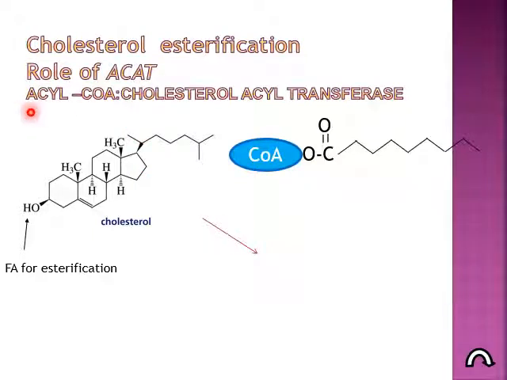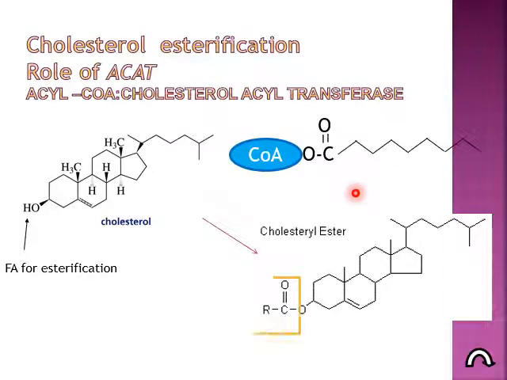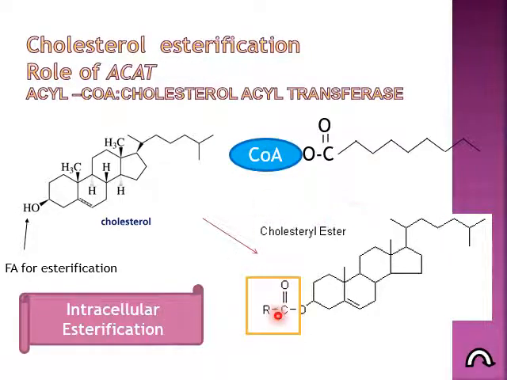That is why the enzyme is called acyl coenzyme A cholesterol acyltransferase, because it takes the acyl, the fatty acid, from acyl coenzyme A. So the acyl coenzyme A loses its coenzyme A and is bound to this hydroxyl group. This is intracellular esterification of cholesterol, and what is made is cholesterol ester.